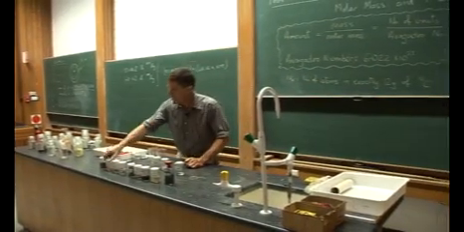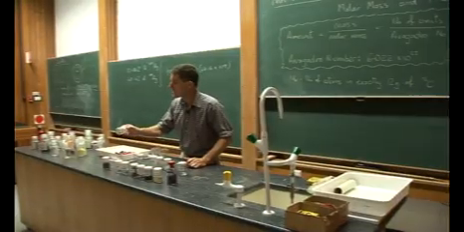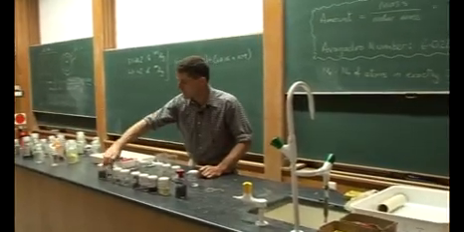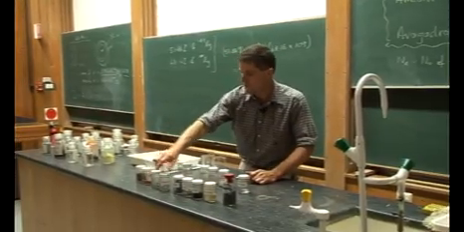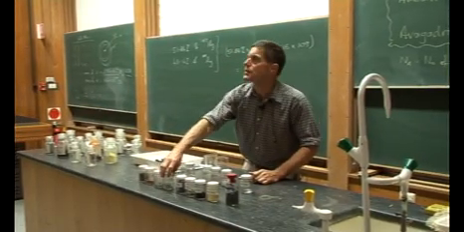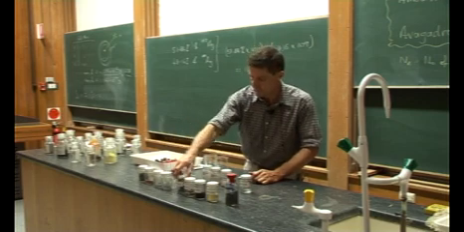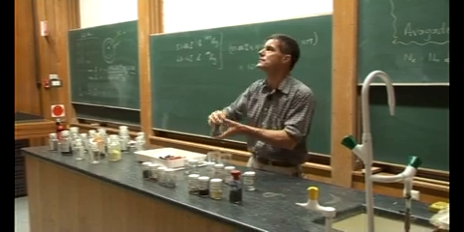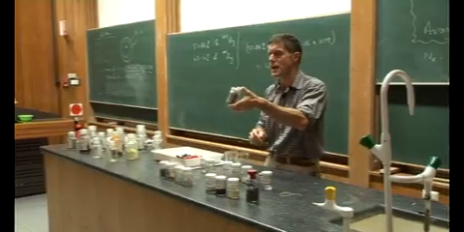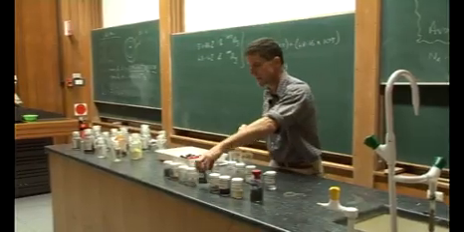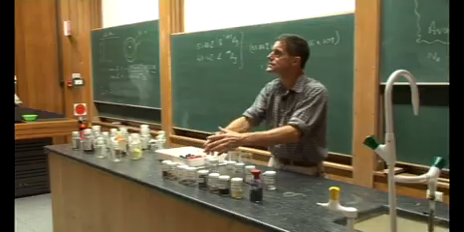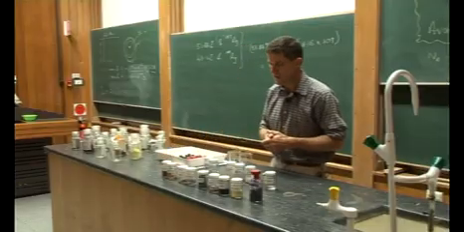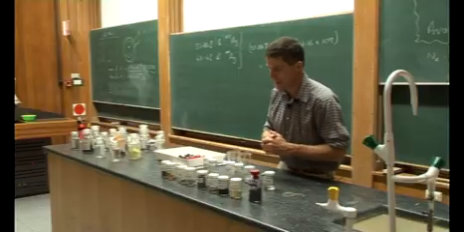And that's the same number of atoms as there are in 63.5 grams of copper, or 65.4 grams of zinc, or 27 grams of aluminium. What do we have here? Lead. 207.2 grams of lead contains the same number of atoms as those other quantities of the other elements.